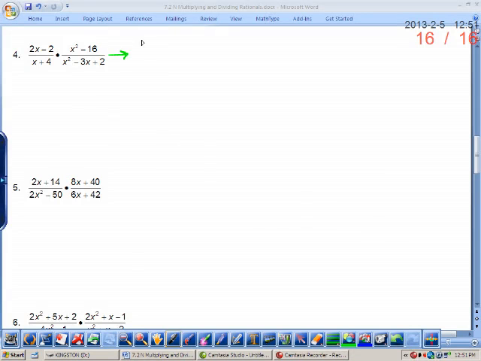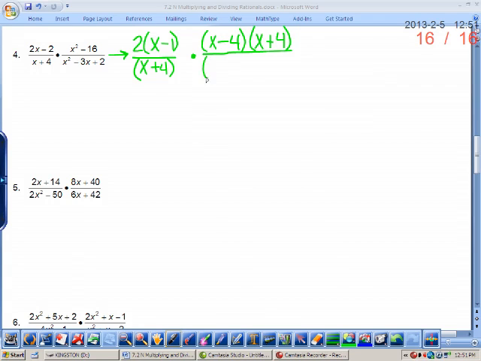How does 2x minus 2 factor? 2 times x minus 1, over, what about x plus 4? Okay, so we leave it as x plus 4, times, what about x squared minus 16? Good. Difference of squares. x minus 4 times x plus 4, over x squared minus 3x plus 2. Okay, so x minus 2 and x minus 1.